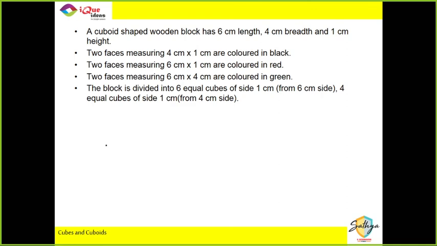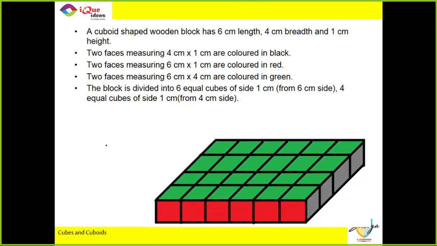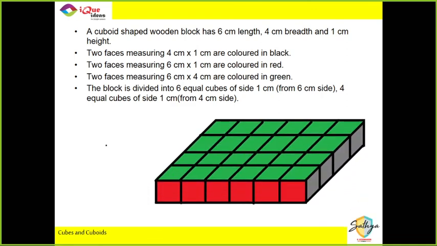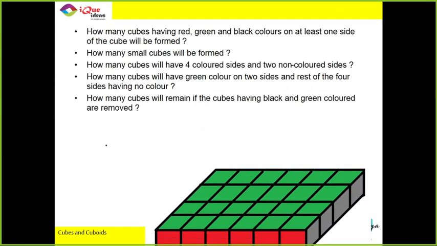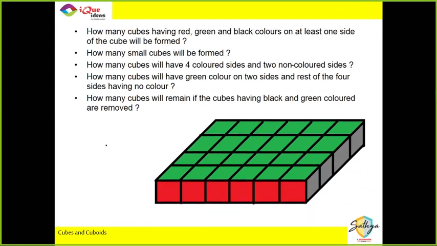So the diagram looks something like this. And the question: all 3 colors वाले कितने होंगे?